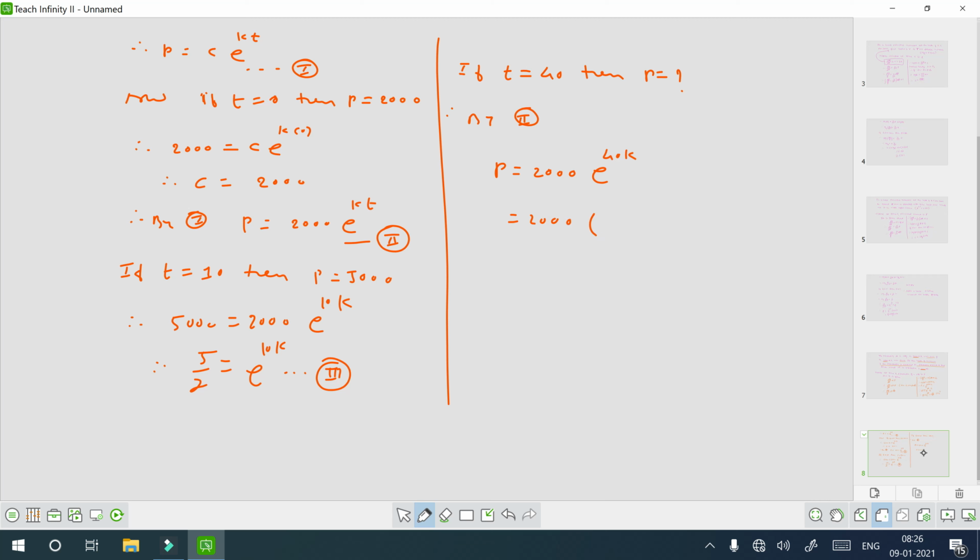So 2000 e raised to 10k raised to 4. Can I write it? Yeah. So 2000 into 5 by 2 raised to 4. So 2000 into 25 into 25 over 16. Clear?